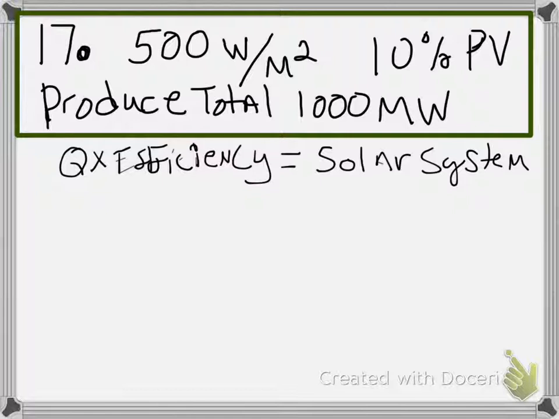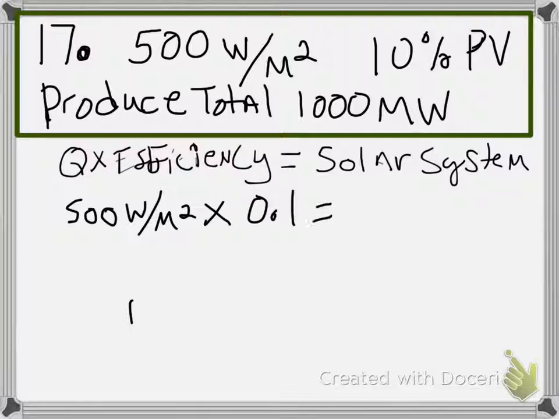So the equation I'm going to create is my Q, which is 500 watts over a meter squared, times my efficiency of 10%, so 0.1, equals 50 watts per meter squared. So the solar cell system can only produce a maximum of 50 watts every meter squared.